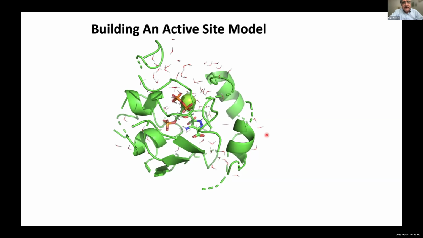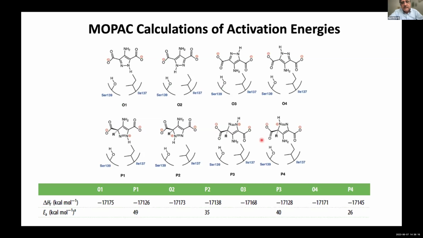So we decided that we would actually use the active site modeling in MOPAC because it would make the calculations technically more reasonable. And so we set up a series of calculations in different ways. In these calculations, I didn't want to spend a lot of time locating transition states. In these very complicated systems, it can sometimes be tricky to find transition states.